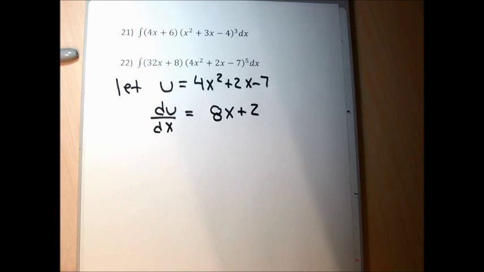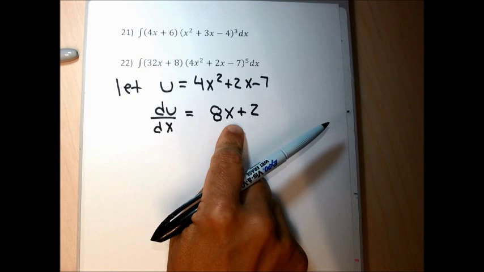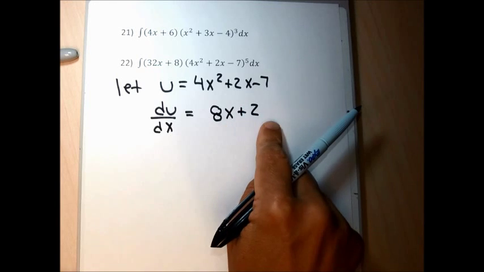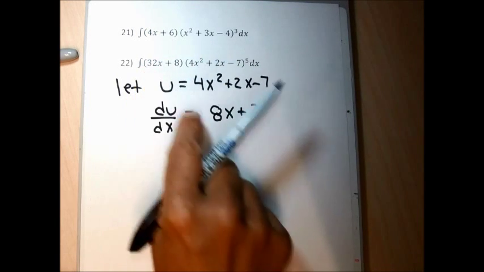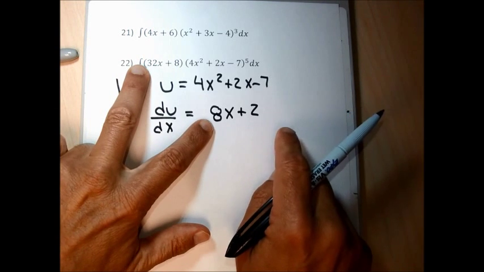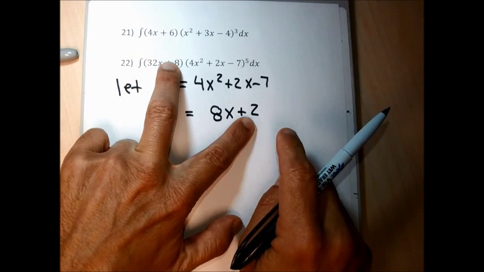Well, if I look at this and I look at this, they're not the same. It has to be the case that either I can multiply this entire thing by a number to get that, or divide this entire thing by a number to get that. And I look at the numbers. 8 and 32, 8 times 4 is 32. 2 and 8, 2 times 4 is 8.